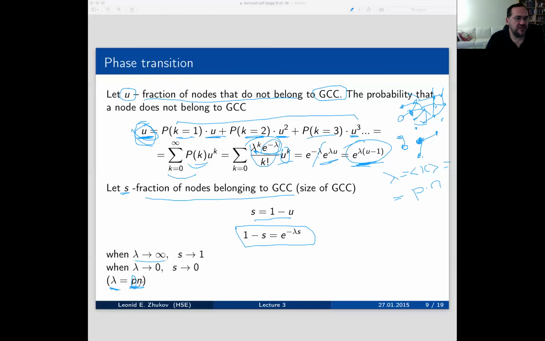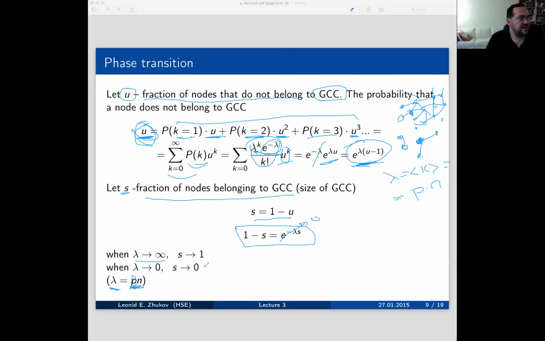So let's take a graph and start increasing the density and n, the size and the density, in such a way that lambda will go to infinity. Well, if lambda is very large, what happens to the right side? What happens to this term if lambda is very large? Yeah, S cannot be negative. S is a fraction, so it goes to 0. So the solution of this equation is S equal to 1.